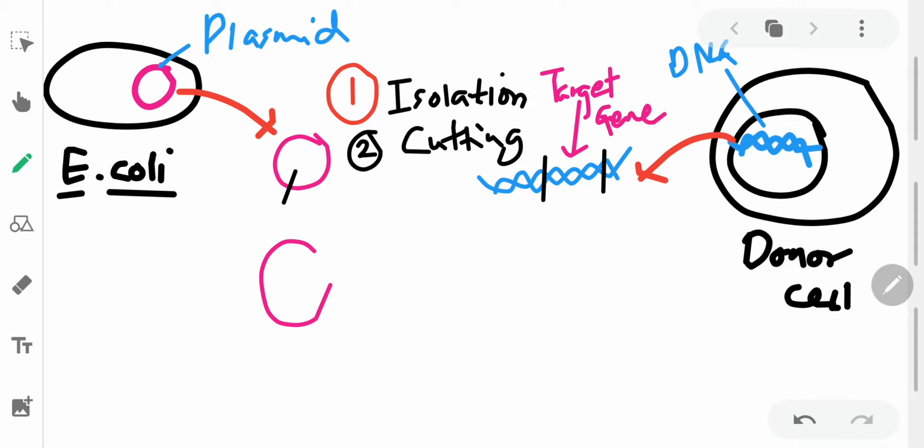So, bila kita potong, dia akan jadi macam ni lah. Macam tu, something like this. Now, we must cut by using the same restriction enzyme so that when we rejoin the plasmid and the DNA, they are complementary.